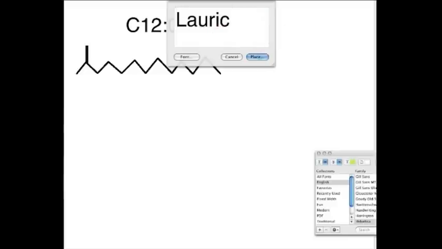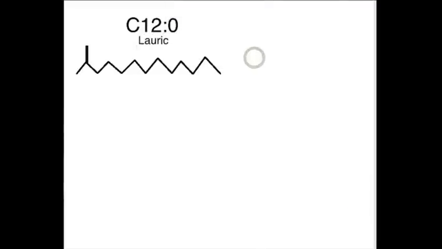So this is lauric. And all of them are going to be acid. I'm not going to type it just to save some space. So there we have lauric. The next one, these are just some common ones.